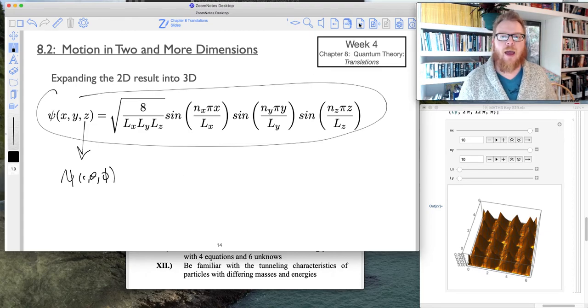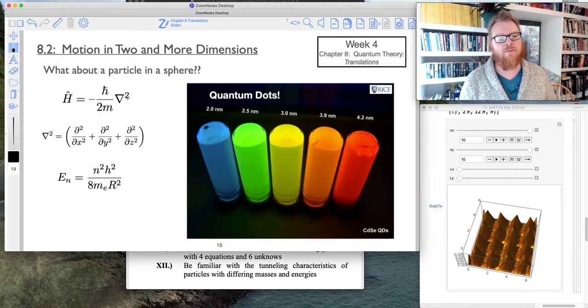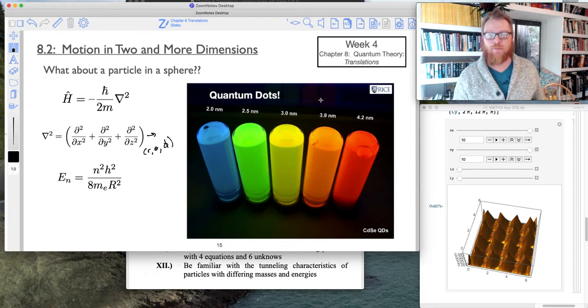When you do that, this del squared right here is the 3-dimensional second derivative operator. If I expand this into r, theta, and phi, then instead of doing a particle in a box, I can describe a particle in a sphere, which is a lot more physically practical.